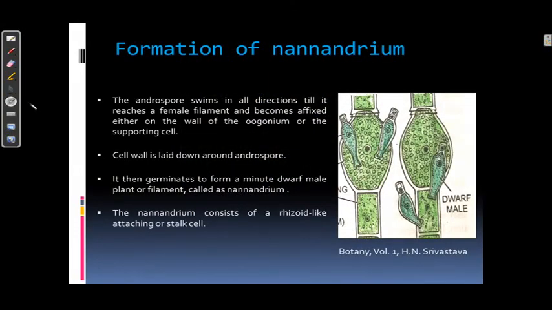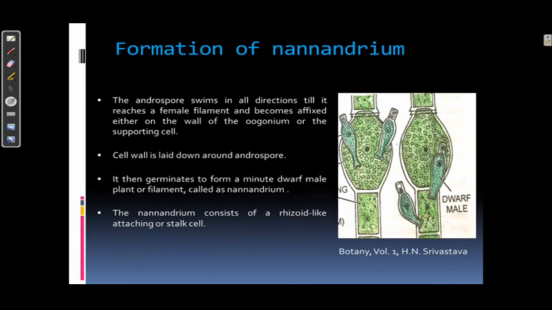Now, the androspore swims in all directions until it reaches the female filament, where it either gets attached on the wall of the oogonia or on the supporting cell.